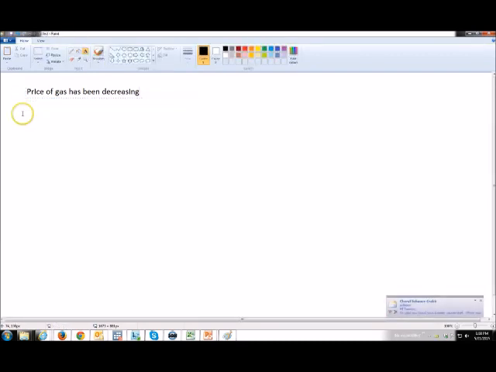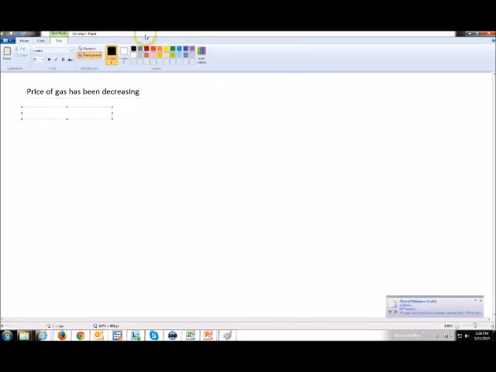So let's list. What are the factors that affect demand? What affects demand? One is number of buyers. Two is the type of product.